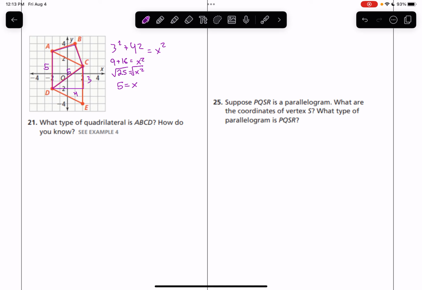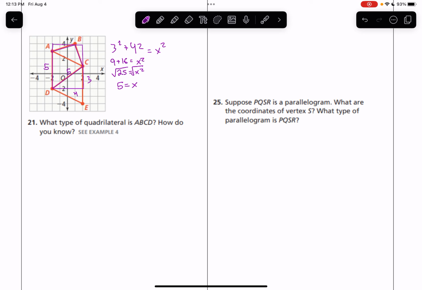And then we can see that side AB has a triangle, a right triangle that we can make there. That's going to be 1 by 3. And BC also has a right triangle that's going to be 1 by 3. And so AB and BC are both going to have the same length as well.